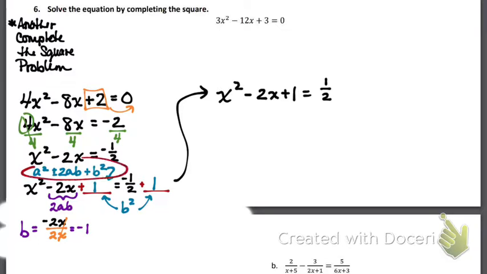Why did I want to force it into this form right here? A squared plus or minus 2ab plus b squared. Aiden. Yes. This is a perfect square trinomial.